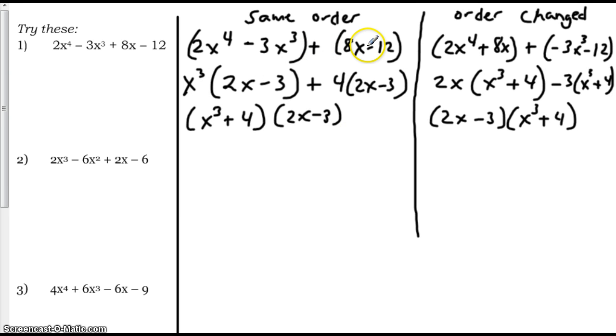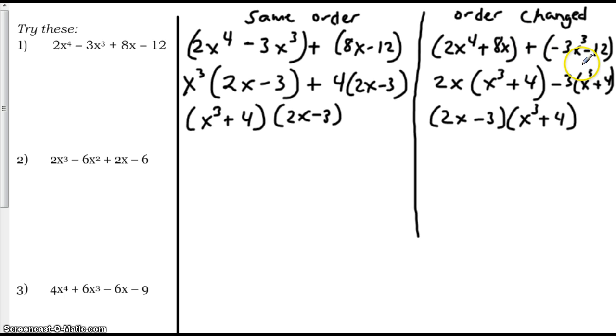Okay, so depending on which one you decided was easier for finding the greatest common factor, if you chose this one, then you would have factored out the x cubed in this first pair, and the 4 in the second pair, and you would have uncovered that they have a common factor of 2x minus 3, and then that would be multiplied by x cubed plus 4.